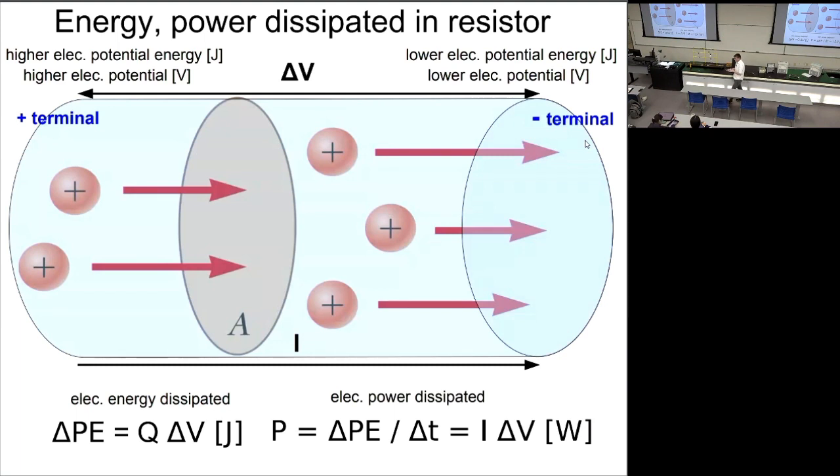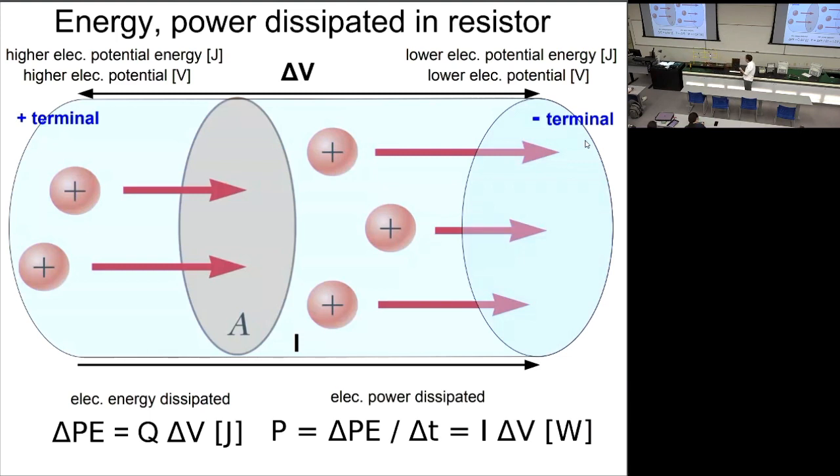The change in electrical potential energy is simply the amount of charge that flowed, Q, multiplied by the electrical potential difference that charge flowed down, delta V. So that product, Q times delta V, is the amount of electrical energy that we've released as the current flows around the circuit, say through a resistor, and the resistor gets warmer.